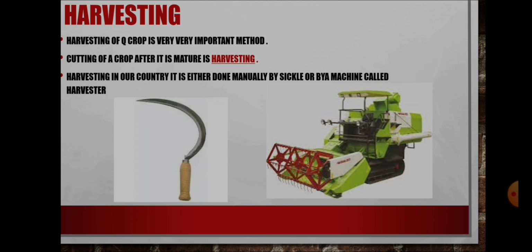Farmers employ laborers to cut the crop with a sickle. Another method is the combine. By this machine they cut the crop. It will harvest acres of crops in less time. This machine is used by rich farmers.